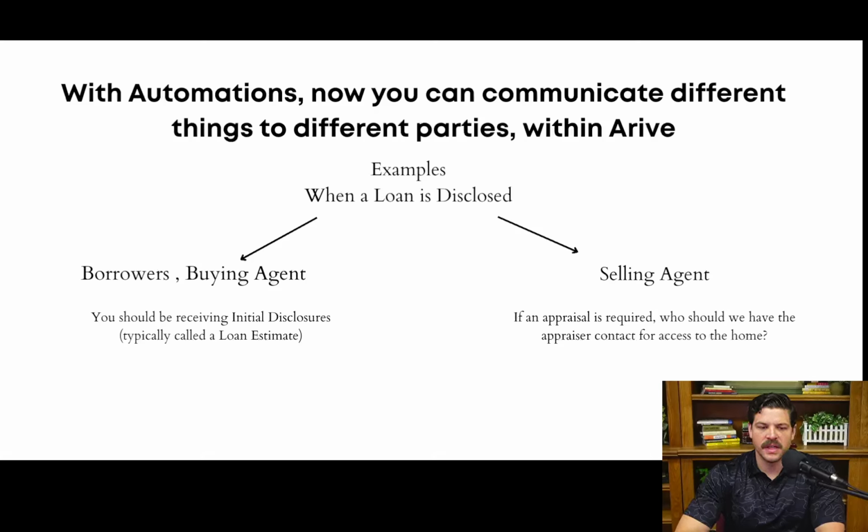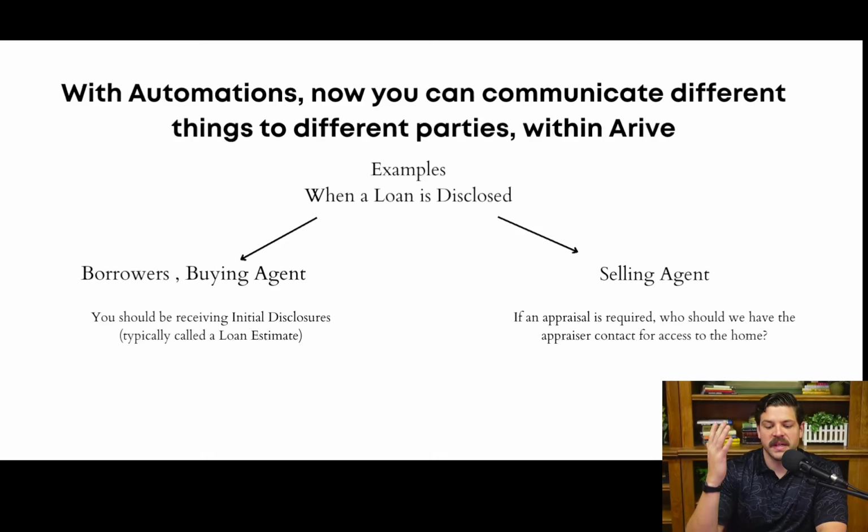Here's an example of one. When a loan is disclosed, you want to send an email to, for sure, the borrowers and the buying agent, letting them know that they should be receiving initial disclosures. It's called a loan estimate for most, like 99% of the time, and that they probably need to sign or give some authorization to move forward with the file.